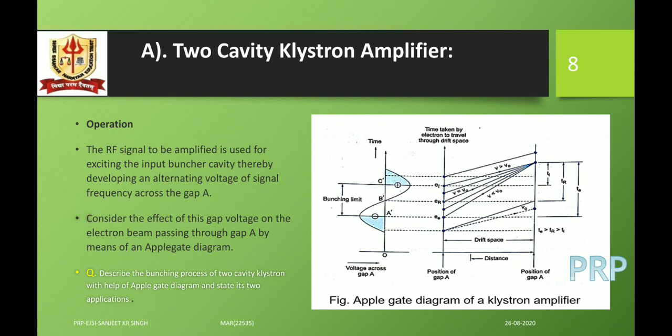So the three cases we see at points A, B and C of the radio frequency signal, and there is a concentration level increasing of the electrons, that is more pronounced as it is traveling further, and due to that there is velocity modulation.